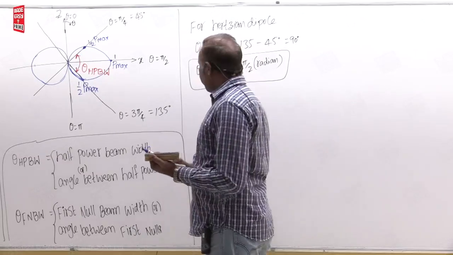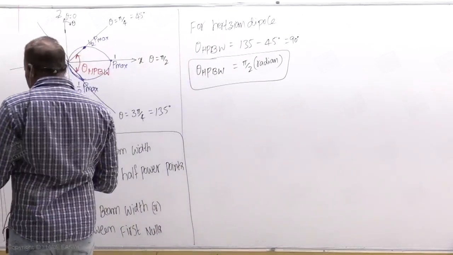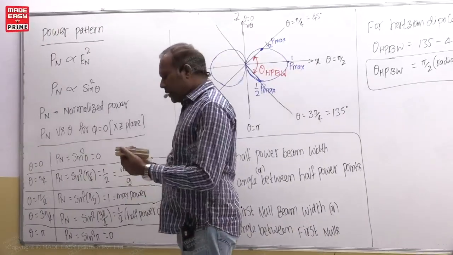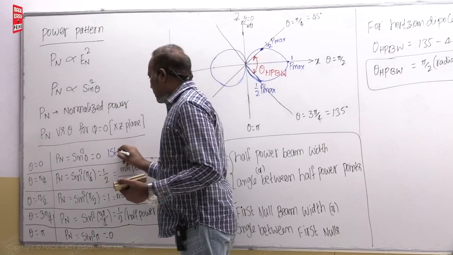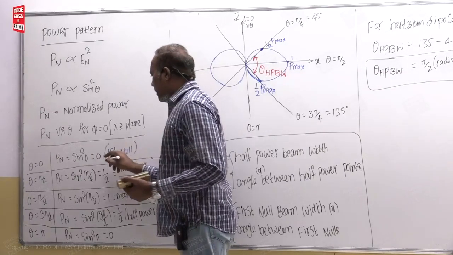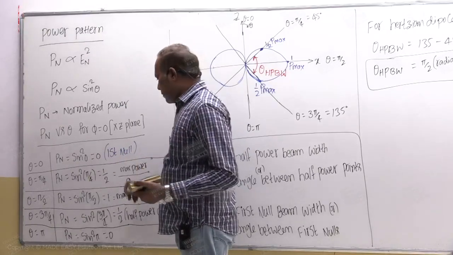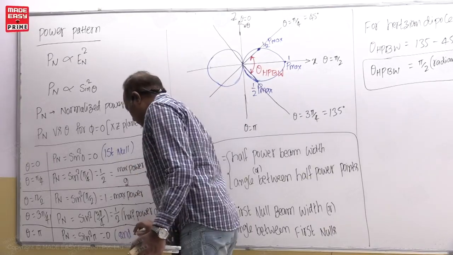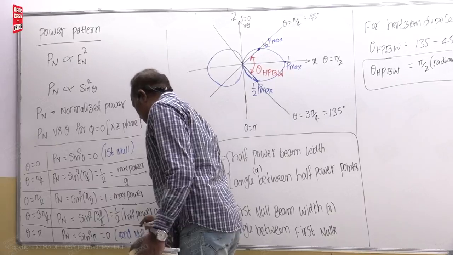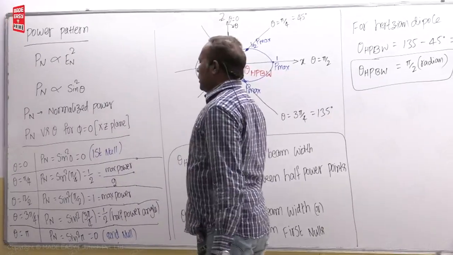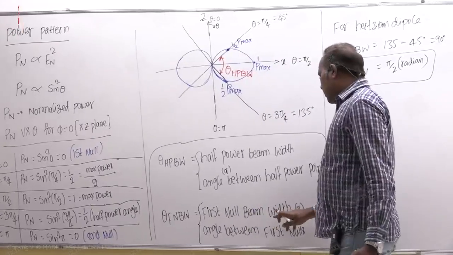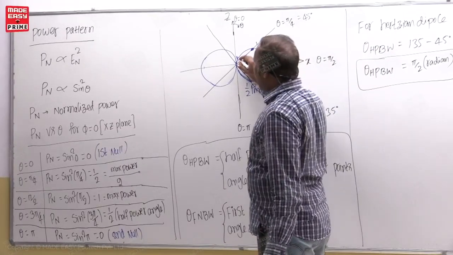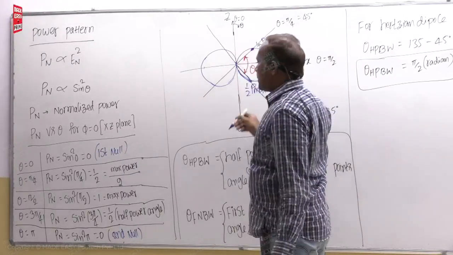You can see here, at this angle, you get first null. Null means 0 actually. So first null angle is 0. This is the second null. That means for first null beam width, there is already one null here. Again, after how much angle does a null come? At 180 degrees.